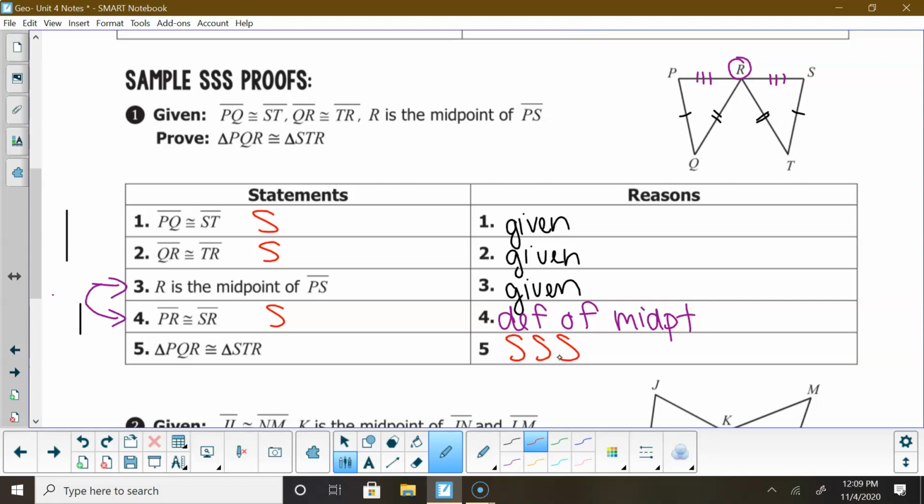Do we feel like we kind of overcomplicated it a little? Do you guys want to try number 2? All right, give it a whirl.